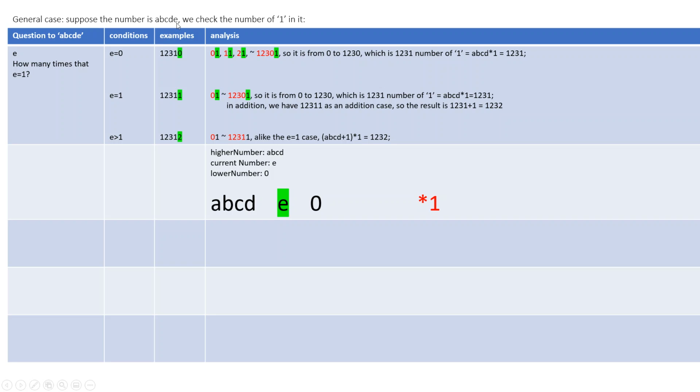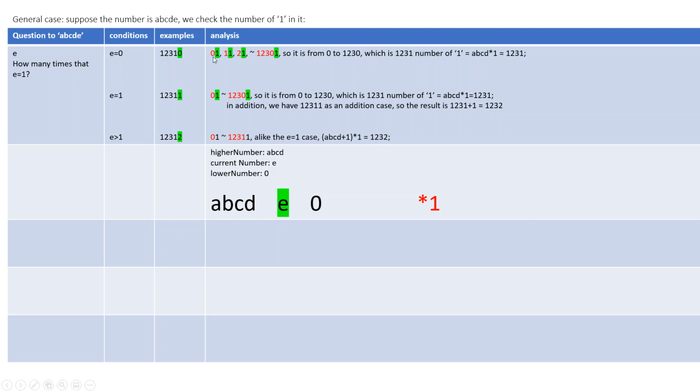Now let's talk about E. When E is 0, the smaller numbers can be divided into types from 1 to 11, 21, and finally to 12,301, which is difficult to pronounce.